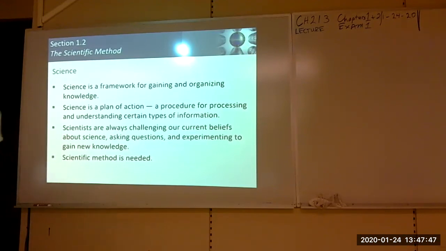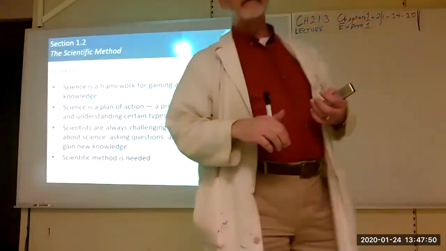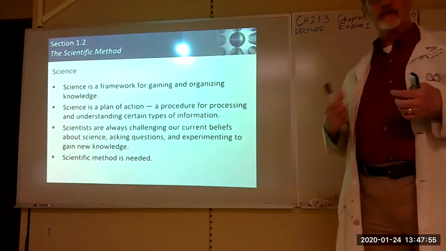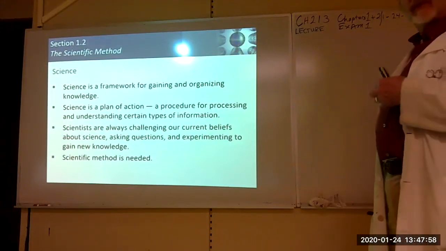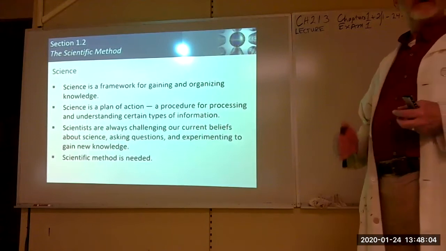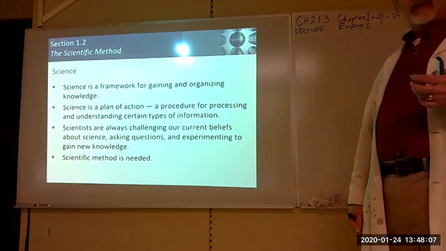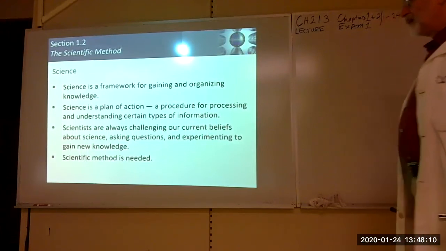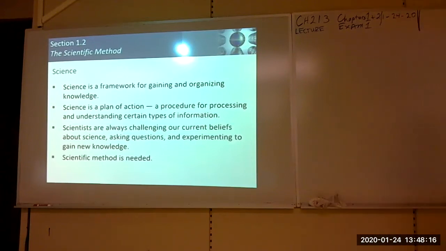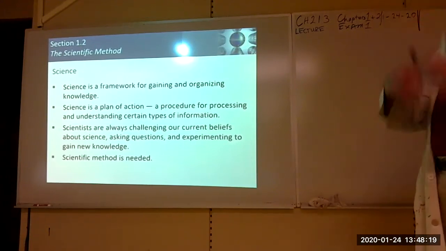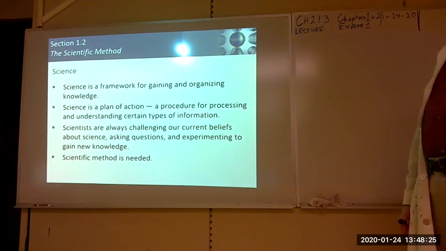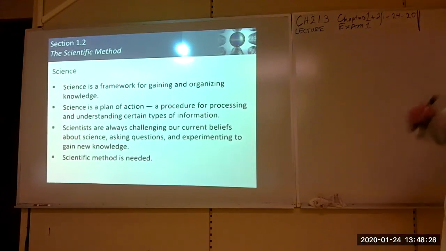We needed a way to methodically extract information from what we considered chemical processes. And we developed a framework for gathering that information. It's fairly flexible as a framework, and depending on what type of information you're trying to get, the frame will change. But it's, for lack of a better term, a plan of action. Okay? In fact, it falls under the general heading of critical thinking. But scientific thinking is very specific to gathering a certain type of information.